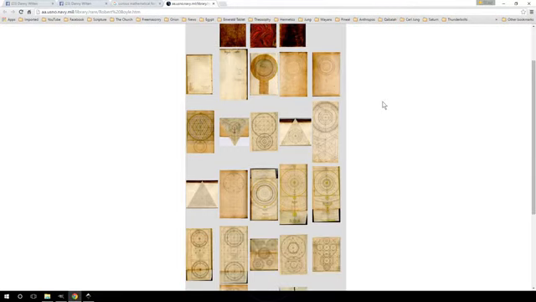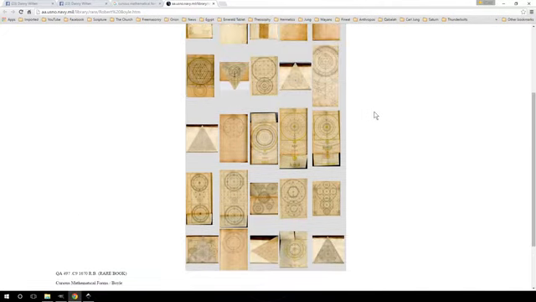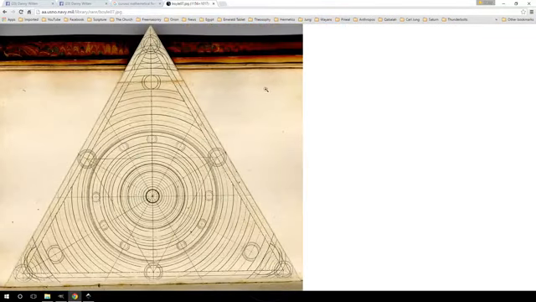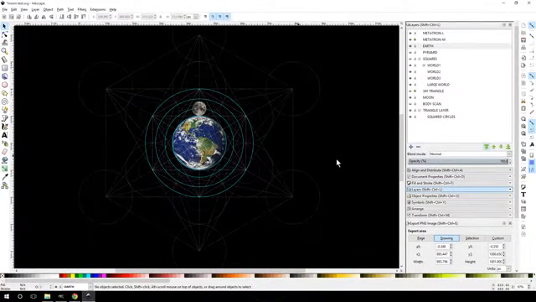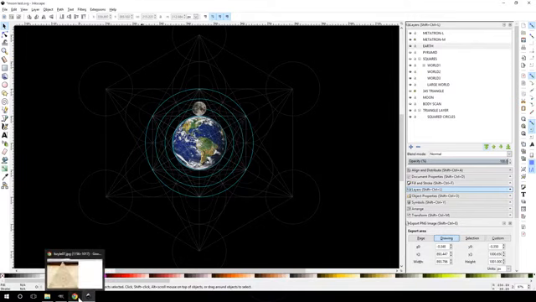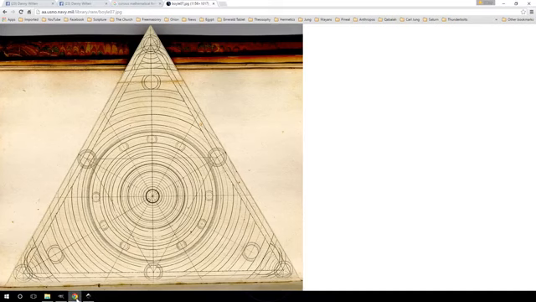I couldn't find them anywhere else, and they're pretty large size. But one of the images that I want to show you in here, as you can tell, he's working with this Metatron's cube, is this. And if you take a look at that, and you take a look at what you see right here, I think you're beginning to see where this is going. And I think he was on the same trail.